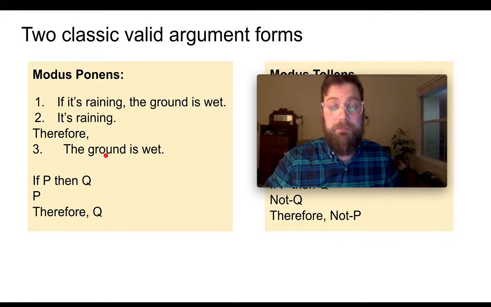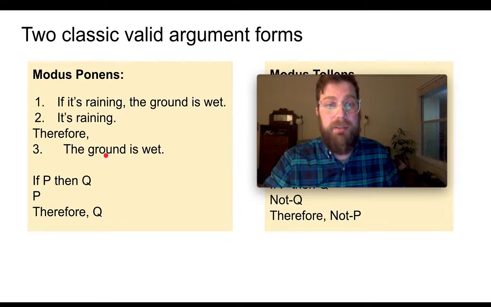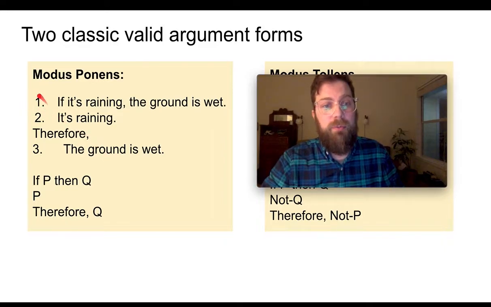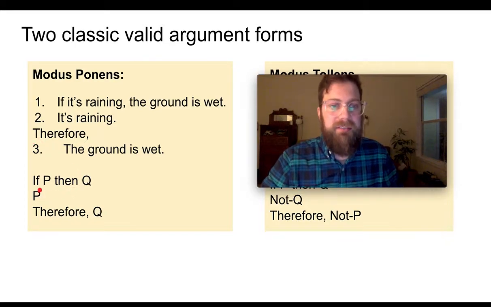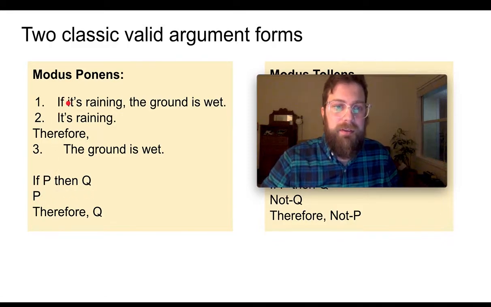Right? So this is a valid argument. Remember when we said arguments are valid, we said if you grant the truth of 1 and 2, then 3 has to be true. So we're saying that any argument where you have a conditional and then you state the antecedent, you can validly conclude the truth of the consequent. So you just need to make sure that you have your P's in the right place.